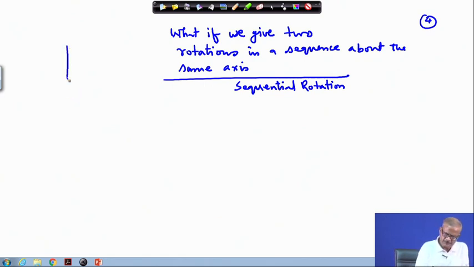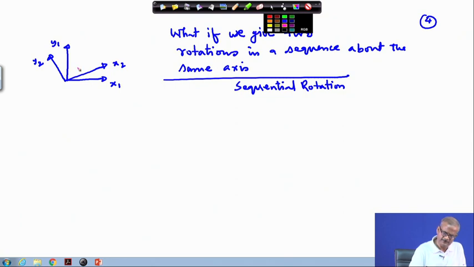So, say we have this frame, this is x 1 and this is y 1. First, you are rotating this frame from x 1 to x 2 and this gets y 2, and thereafter you give another rotation to x 3 and then this is y 3.